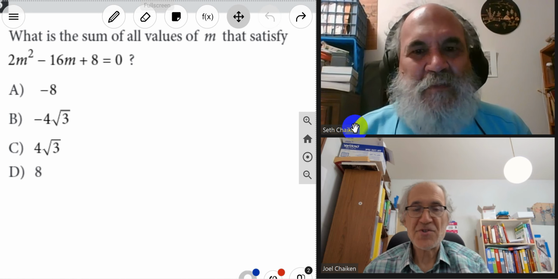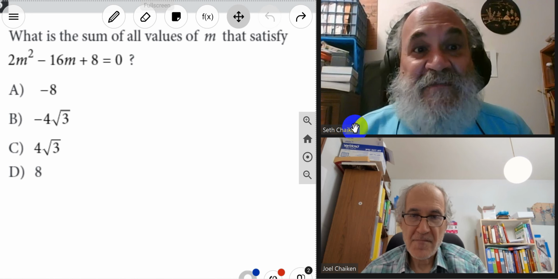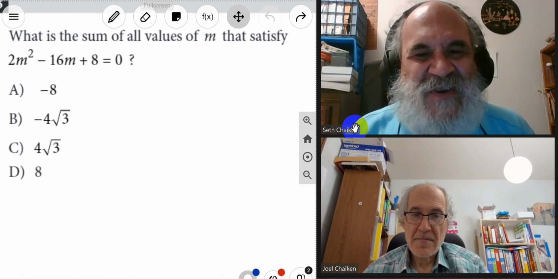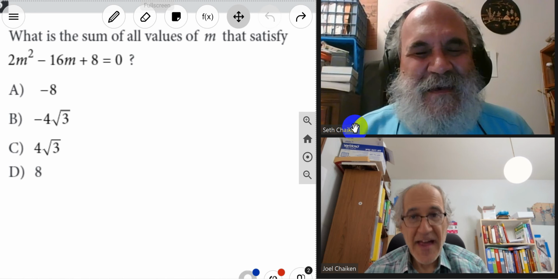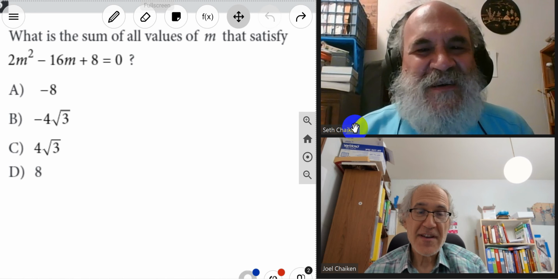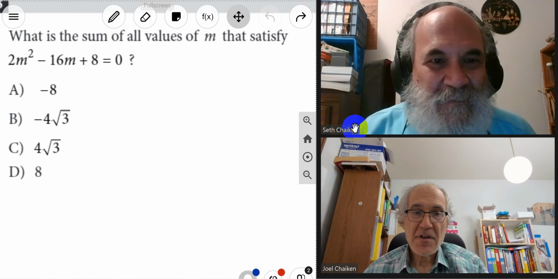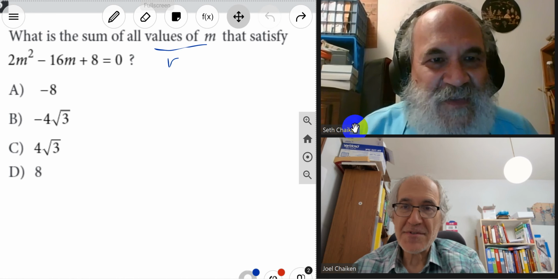Remind them what it means for a value of m to satisfy an equation. Is there another word? Yes, of course. The values of m are the roots of the equation.